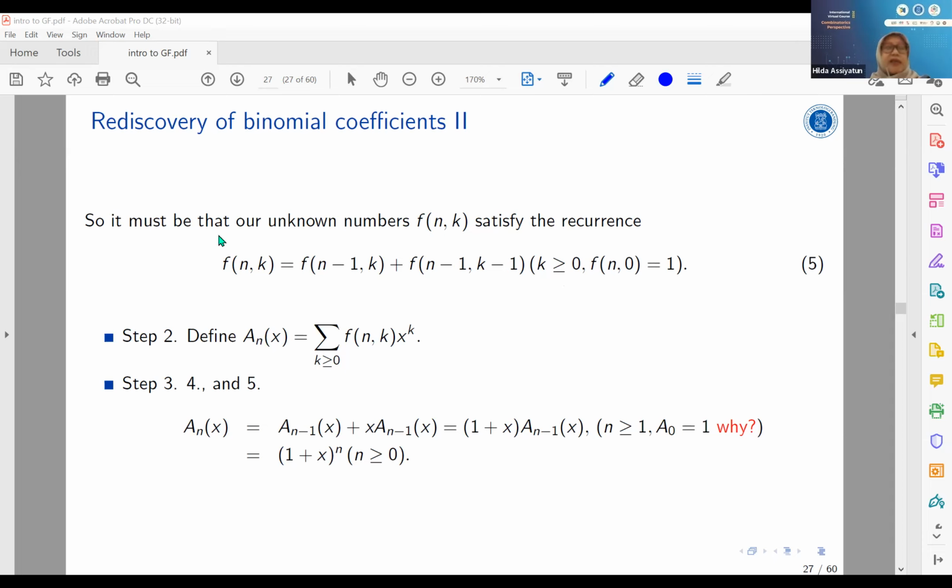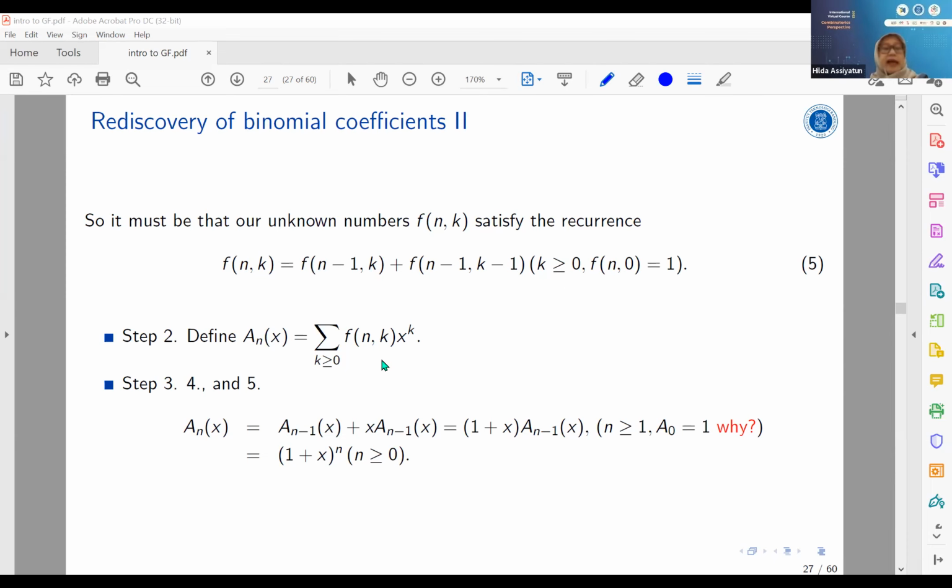Left-hand side, I think it's clear that it should be a n x. Agree? Yes, I agree. How about the right-hand side? Is it right that the first term is a n-1 x, multiplied by x to the k and summed over k at least 0?